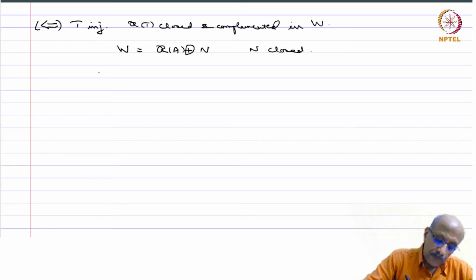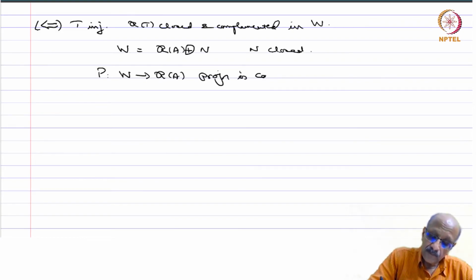So now you have P, where W is a complement, a direct sum of two closed subspaces. Then by the open mapping theorem, we have that the projection from W to the range of T is continuous. This is a consequence of the open mapping theorem. We have already seen this.